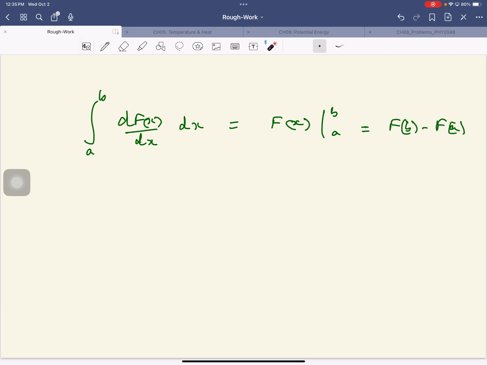So what the fundamental theorem of calculus did was, when you took the derivative and you integrated that, you got back your function. And the value of this definite integral was just this function evaluated at the endpoints. All right, so we'll keep that in mind, and essentially the entire chapter is based on that.